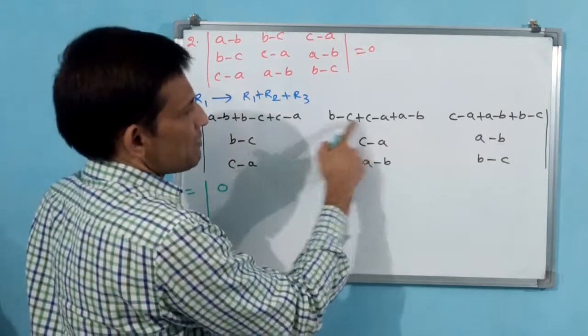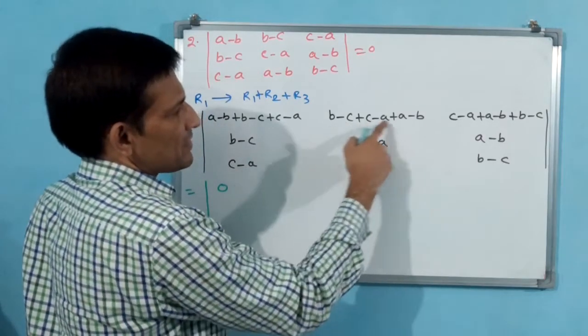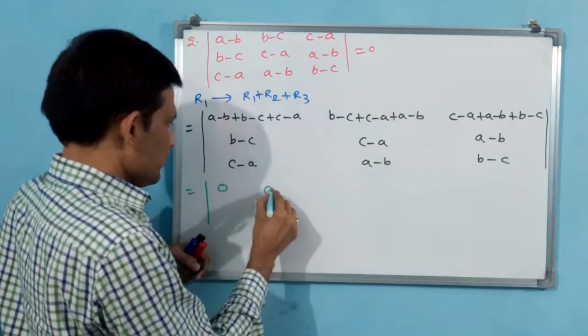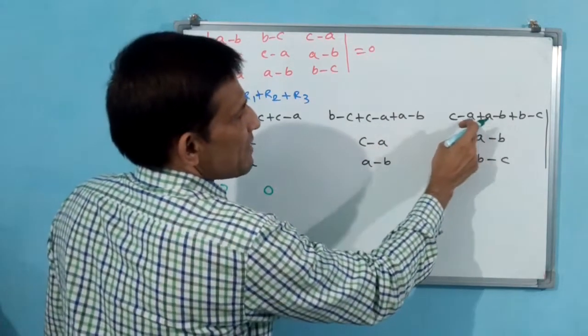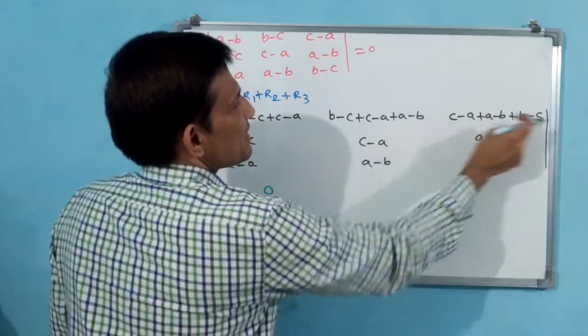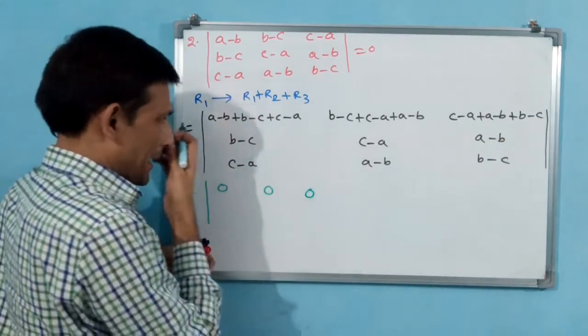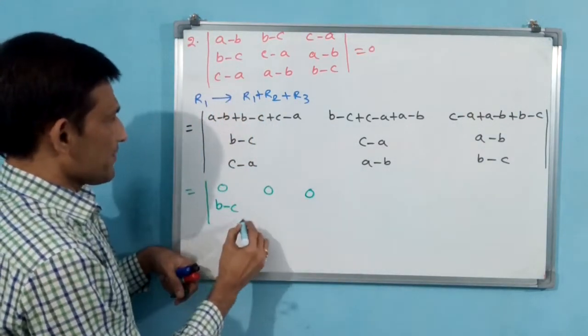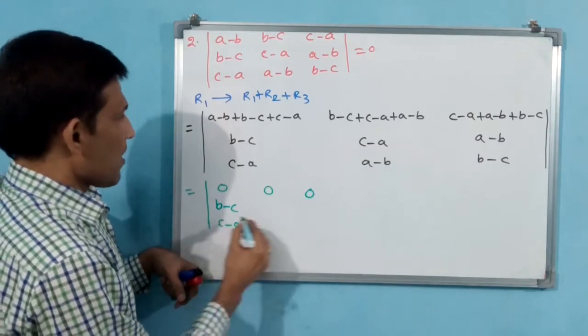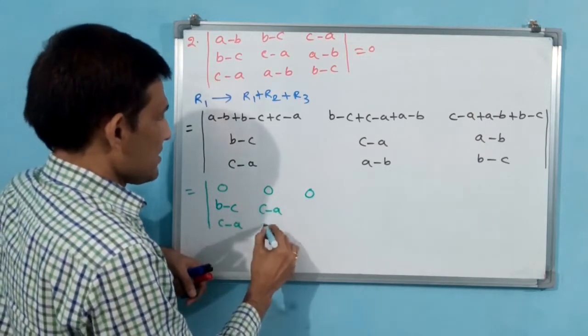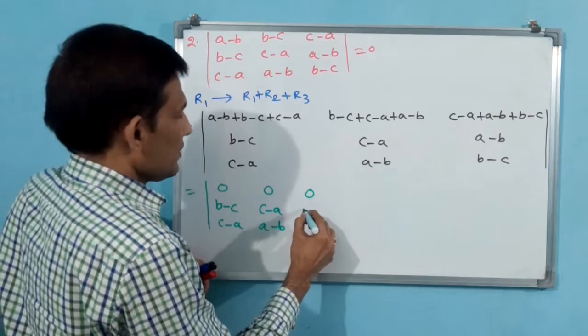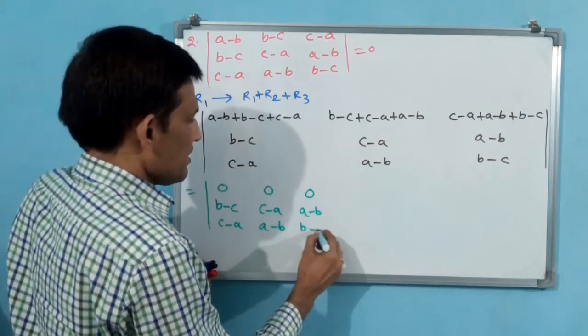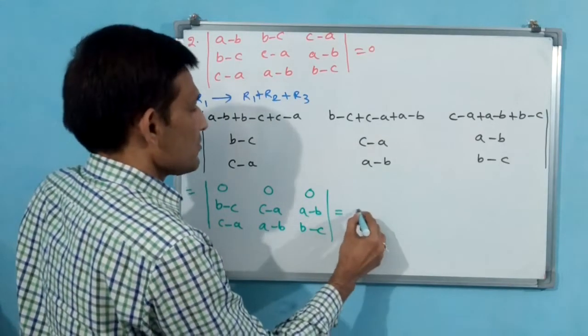Here also you see plus B minus B plus C minus C plus A minus A, 0. Plus A minus A plus B minus B plus C minus C, 0. Then you write B minus C, C minus A, C minus A minus B, A minus B, B minus C. That is equal to 0.